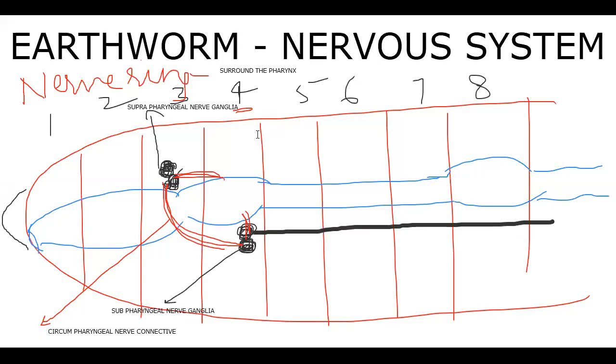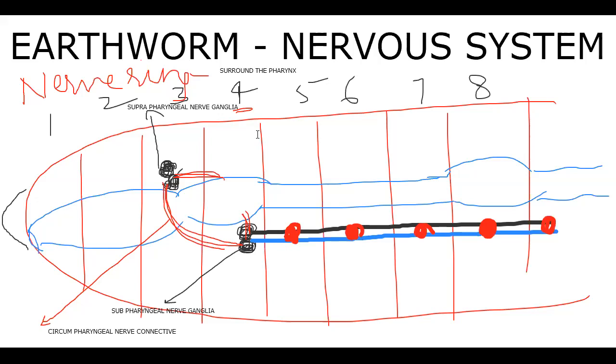Double means two. Ventral indicates the location. Solid means that it's not hollow. Ganglionated means it contains ganglia in every segment.